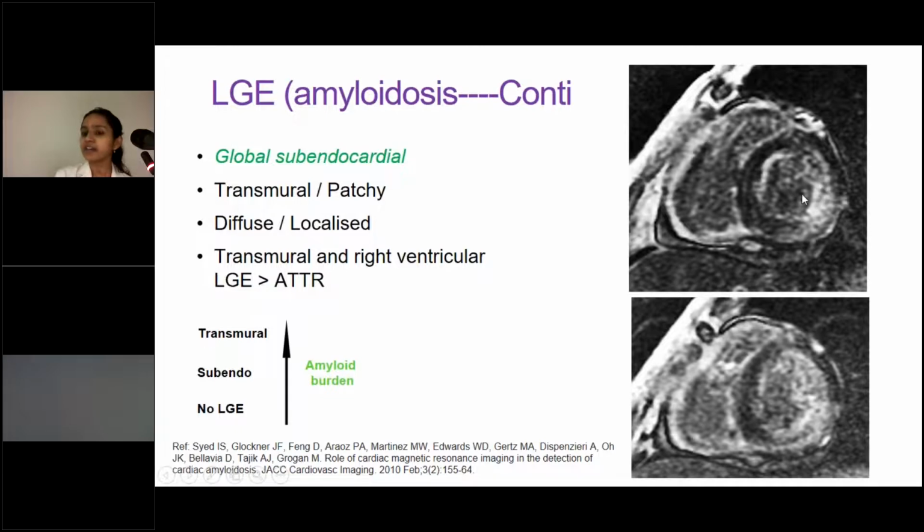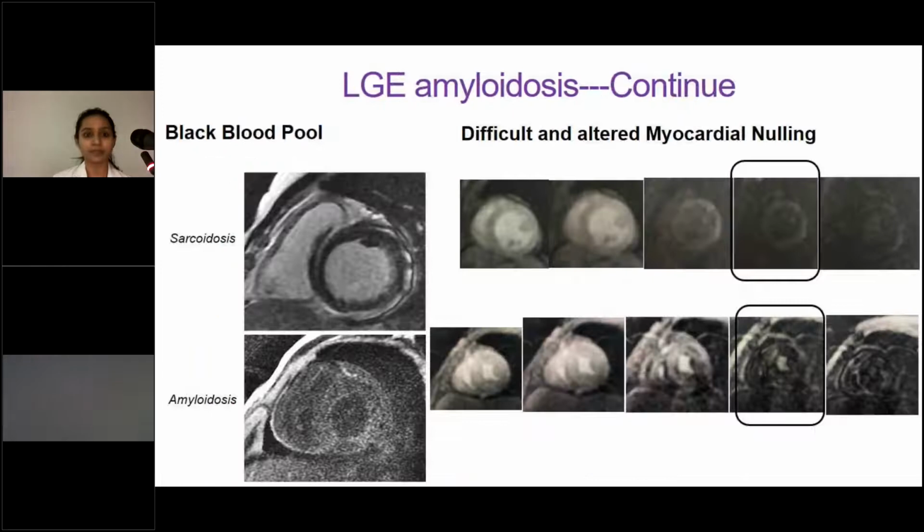Along with this feature, a very important point to note is the blood pool, which appears black in this image. So what happens is that in normal patients, for example, this is a case of sarcoidosis, or even if we consider a normal patient, while performing a late gadolinium sequence, the blood remains bright while the myocardium remains black.